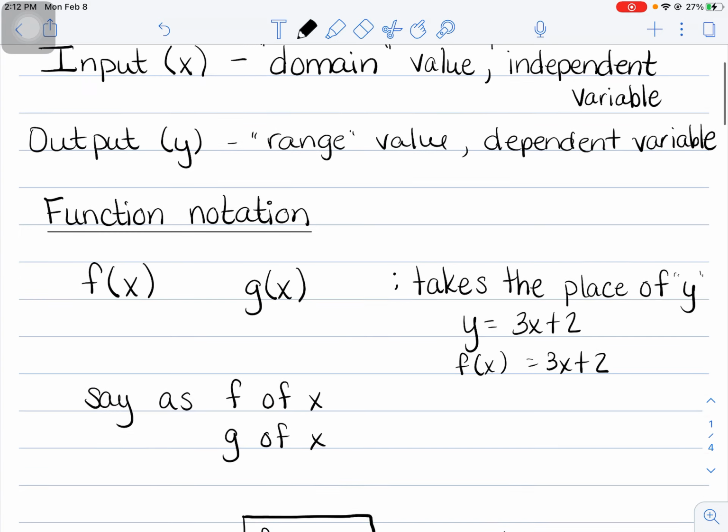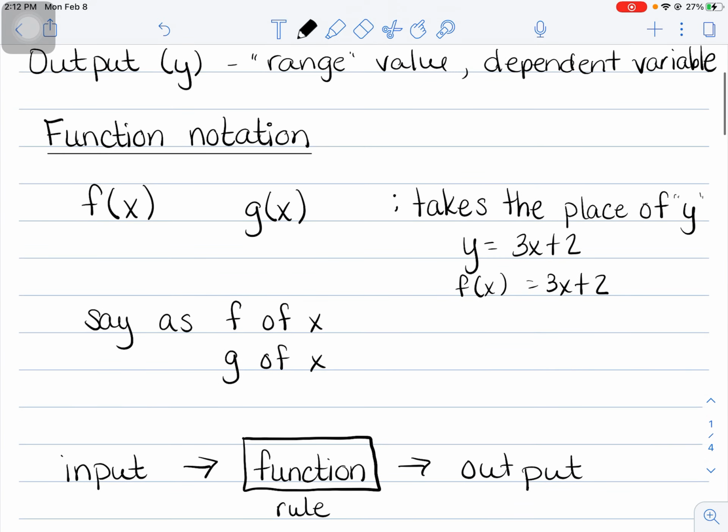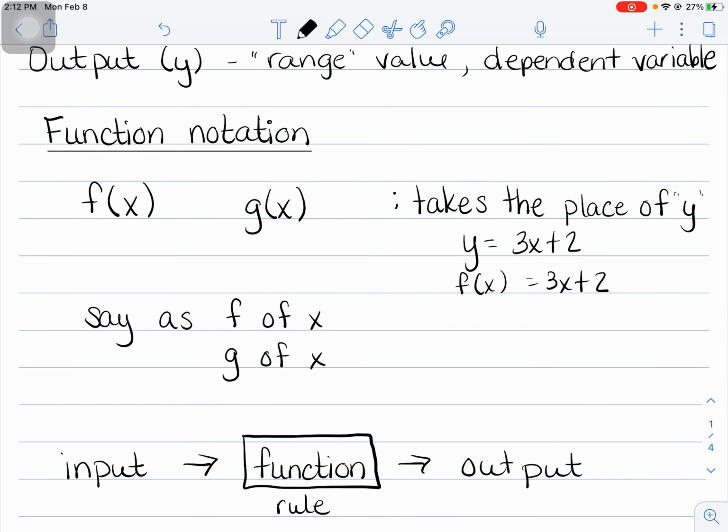Now remember we talked a little bit about function notation yesterday. Function notation is a way for them to tell you that there's a rule that's happening. And this would be f of x, that's the way we say it, f of x or g of x. F of x is the most common one used, but they can use any letter and any variables. So this takes the place of the y.